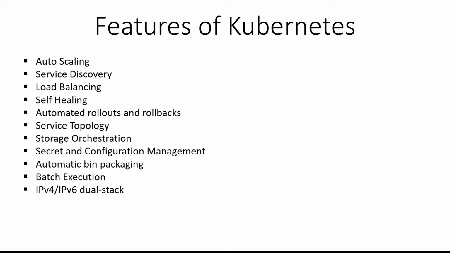It is now becoming popular with all clouds, because IPv4 has a restriction. So IPv6 was a new entry, and luckily Kubernetes supports both IPv4 and IPv6.